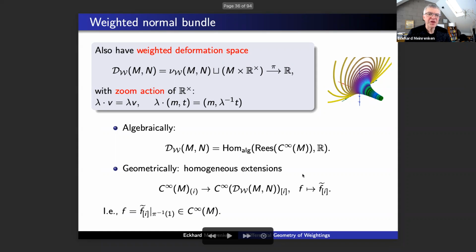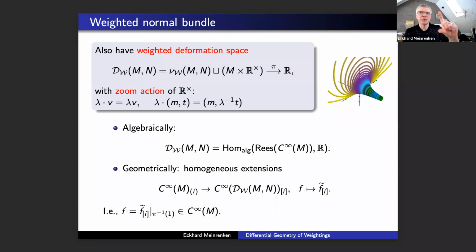There's also a more differential geometric characterization, which is basically saying what it does, what it is good for. Namely, if you have a function of filtration degree i, so vanishing in the weighted sense of order i, then it extends to a smooth function on the deformation space, which is homogeneous of degree i. The subscript with a bracket i means that it's homogeneous of degree i. The claim is that there exists a unique smooth structure on the deformation space such that every such function has a homogeneous extension.